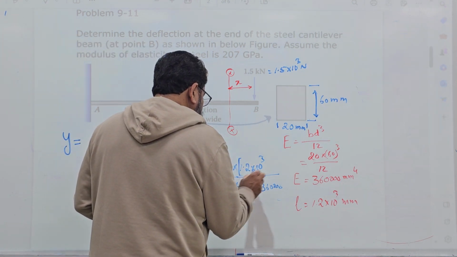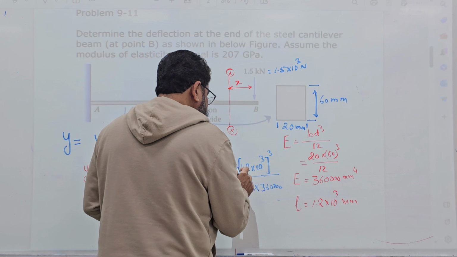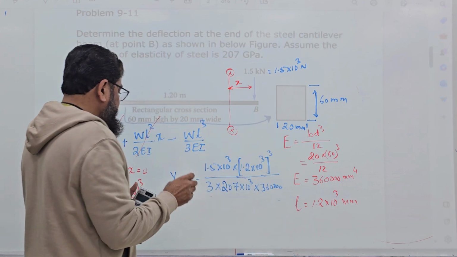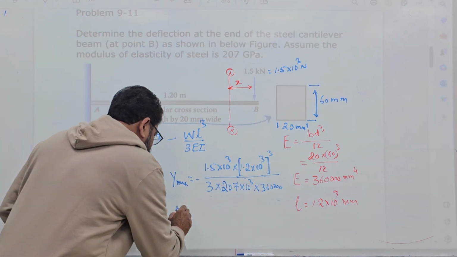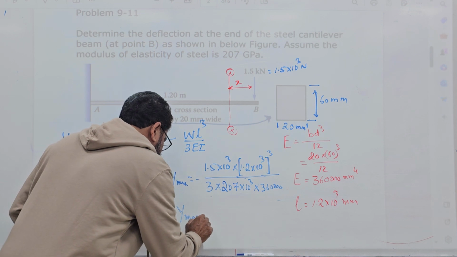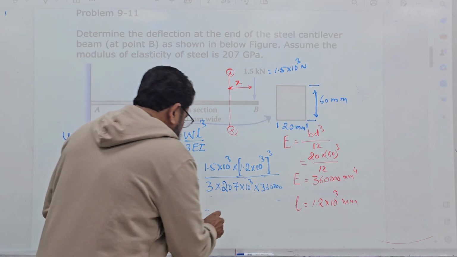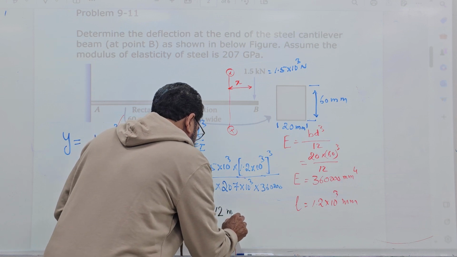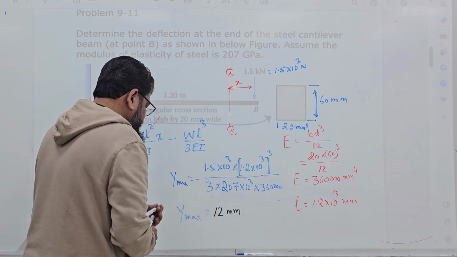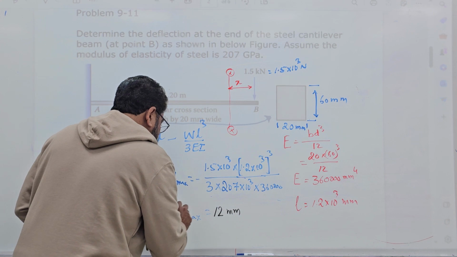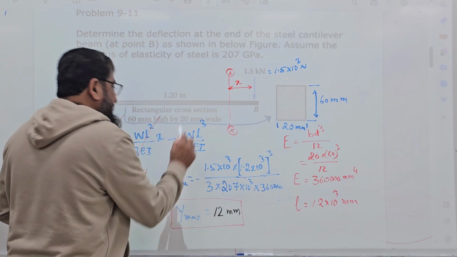See, I have to put the cube here, since L cube is there. Y maximum is equal to 12 millimeter. This is the value of Y maximum, that is, at the free end.